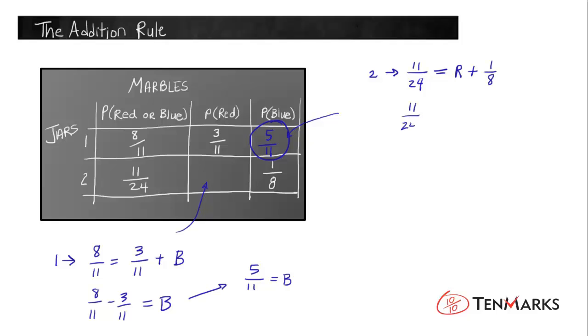That'll give us 11/24 minus 1/8 equals R. We need a common denominator, and the least common multiple for 8 and 24 is going to be 24. We'll leave 11/24 the same and change 1/8 to 3/24. 11 minus 3 is 8/24, and we should reduce our 8/24 to 1/3. So the probability of getting a red marble from jar 2 is 1/3.